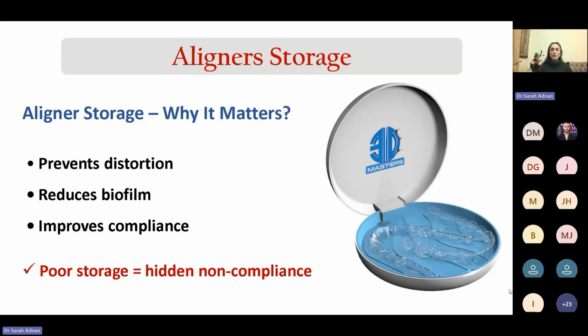Any discoloration of aligners also reduces patient compliance. So proper aligner storage is essential for improving patient compliance. And if you find that your patient is not storing the appliance appropriately, that's a sign of hidden non-compliance.